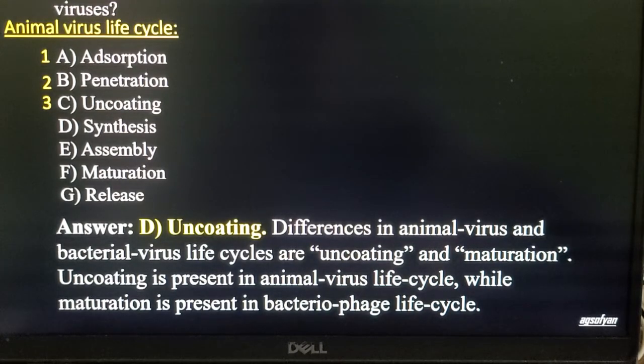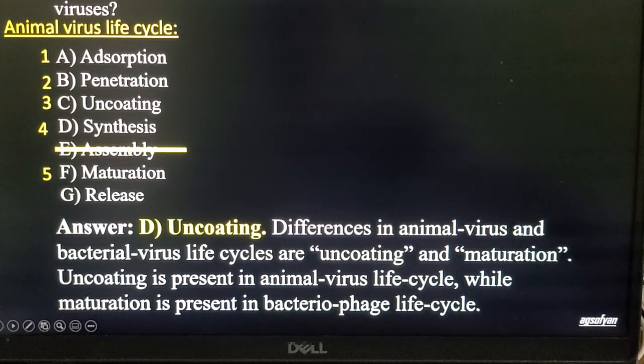Uncoating, yeah, this is only in animal viruses. Bacterial virus will not have uncoating. Synthesis, of course, both of them have. Assembly, yes, both of them will have assembly. So number 5 should be assembly, and number 6 will be release. And the one that they do not have is maturation.